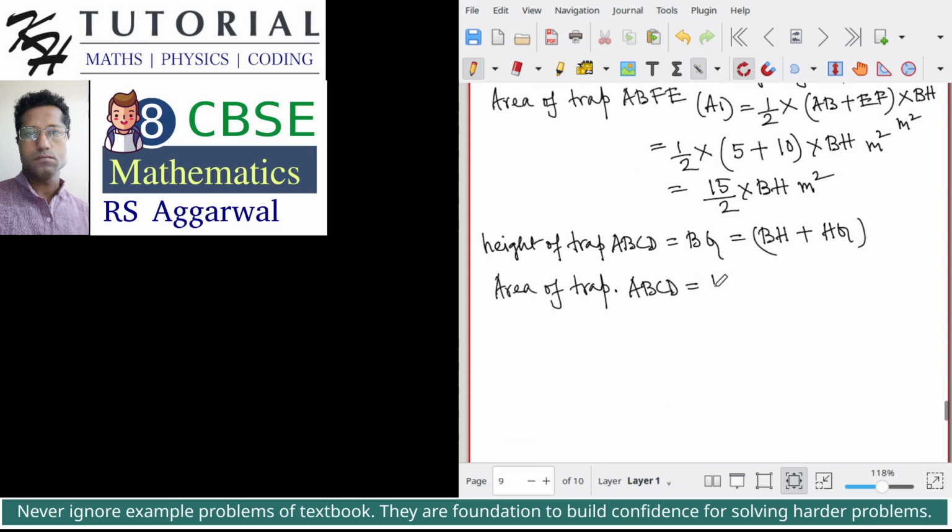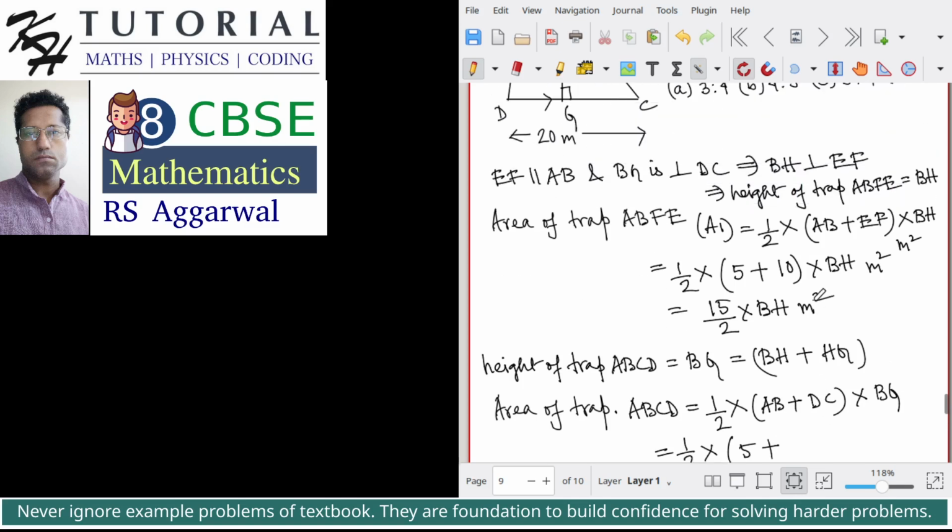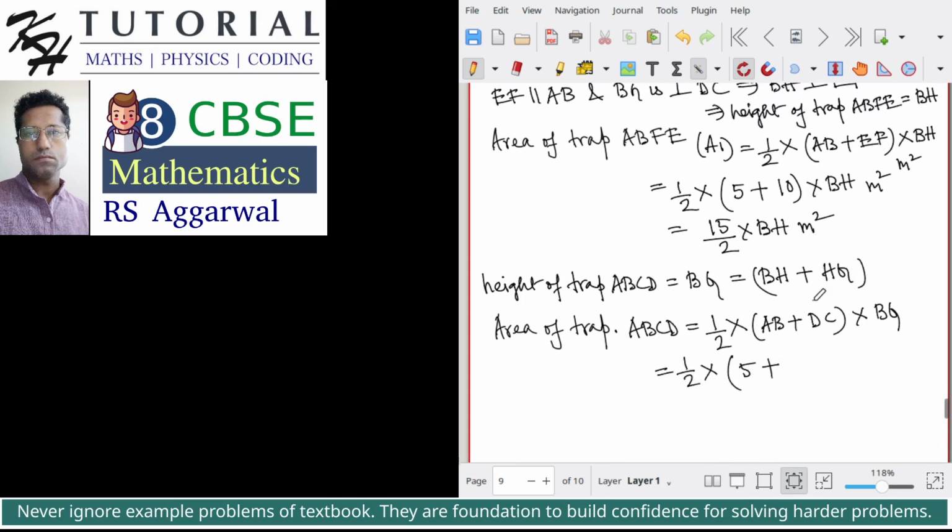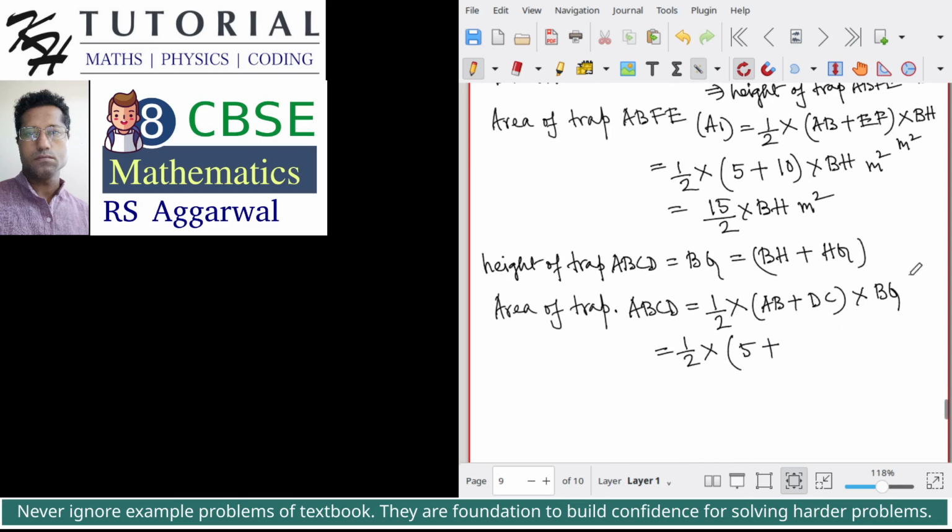Okay. So the area of trapezium ABCD will be equal to half multiplied by the sum of the bases, that is AB plus DC, multiplied by BG. This is equal to half multiplied by (AB is 5 and DC is 20 meter) multiplied by BG.